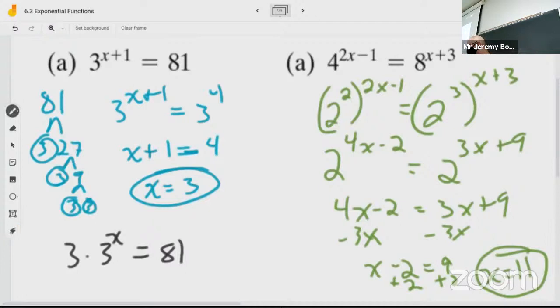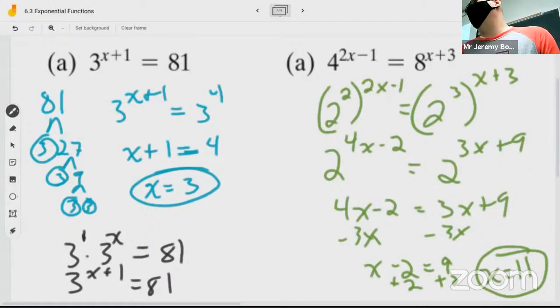Well, think about it. This is 3 to the 1 times 3 to the x is equal to 81. What do you do with those exponents when you multiply those? You're going to add them. So what does that left-hand side equal? 3 to the x plus 1. So that is an equivalent equation.